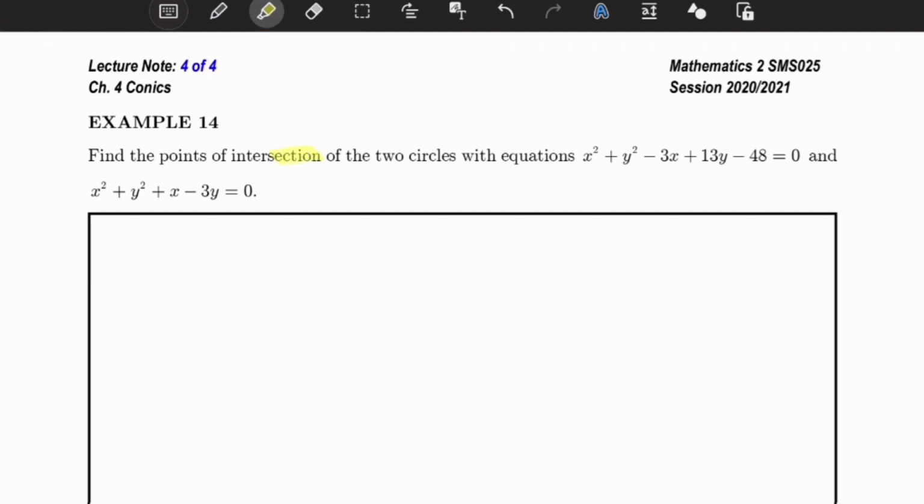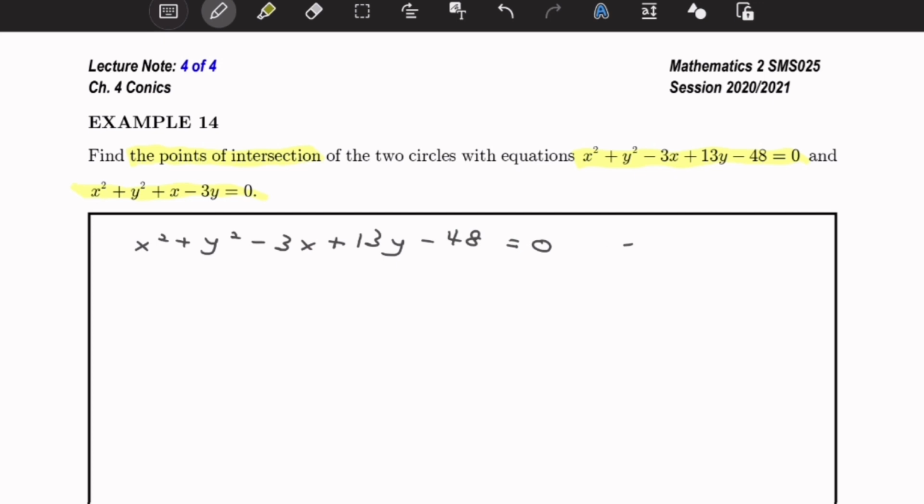Find the point of intersection of two circles with the equations x squared plus y squared minus 3x plus 13y minus 48 equals 0 and x squared plus y squared plus x minus 3y equals 0. We need to solve the simultaneous equations, but before that, let's copy the first equation: x squared plus y squared minus 3x plus 13y minus 48 equals 0.